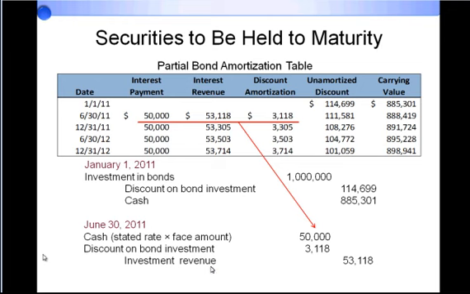If we were issuing these bonds, we would have interest expense every period. But since we're actually investors, we're owners of this bond, we're getting investment revenue instead. So in this case, it's going to be more than the actual interest payment we received. It's going to be more than that $50,000. The difference is going to be that $3,000 that we're amortizing each period.